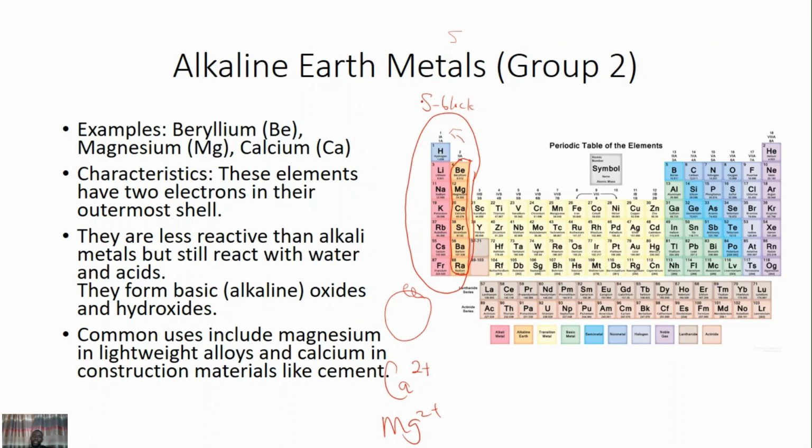For example, hydrogen is 1s1, lithium is 1s2, 2s1. So they usually end in s orbitals. That's why they are called s block.